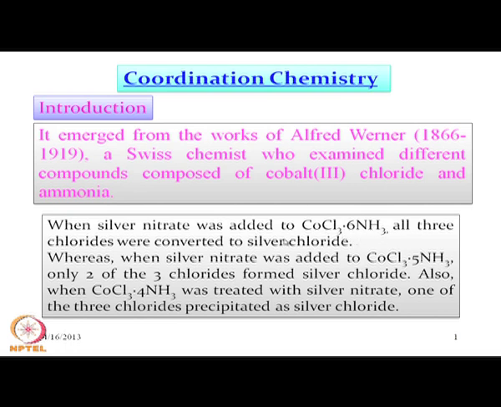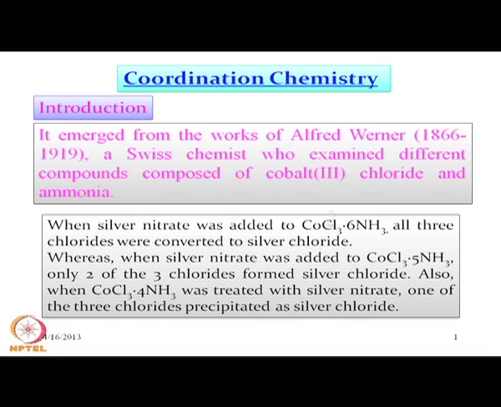In this particular case, depending upon the stoichiometry of the silver nitrate utilized for removal of all the chloride anions, the amount of silver chloride precipitated out tells us that all the 3 chloride ions are converted to silver chloride.